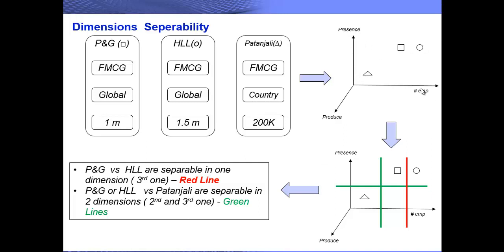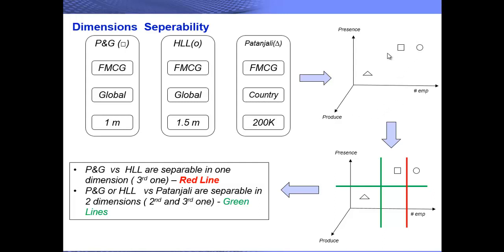And the number of employees will be more than this 2 lakhs, that means the 10 lakhs it has, so it is coming here. Then HLL has the same kind of presence, so on this dimension it has nearly the same value as Procter & Gamble, but the number of employees is slightly higher, 1.5 million, that means 15 lakhs.